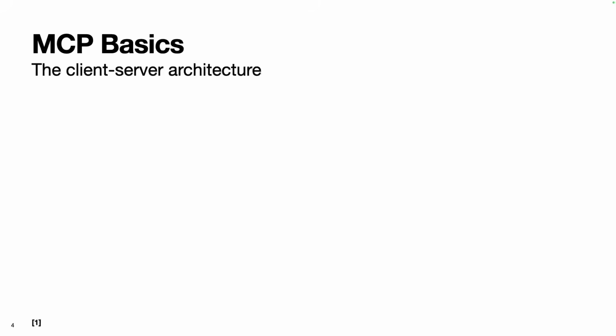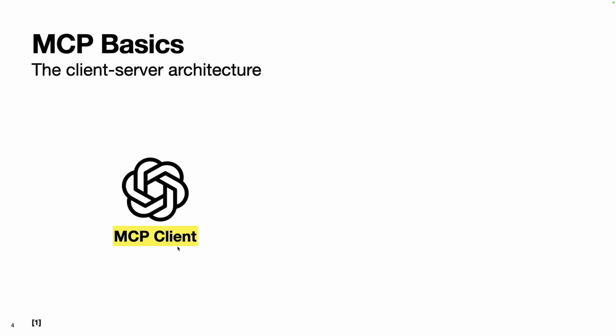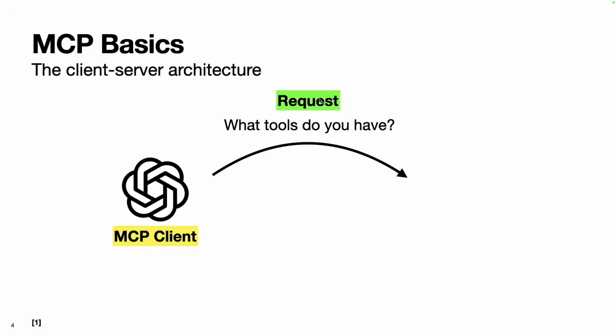But first, to give a bit more background on how MCP works, it uses a so-called client-server architecture, which is pretty standard in the web development world. The way this works is you'll have a so-called MCP client, which will live inside an AI app like ChatGPT. The client will send requests to so-called MCP servers. For example, it might ask a server, what tools do you have available?